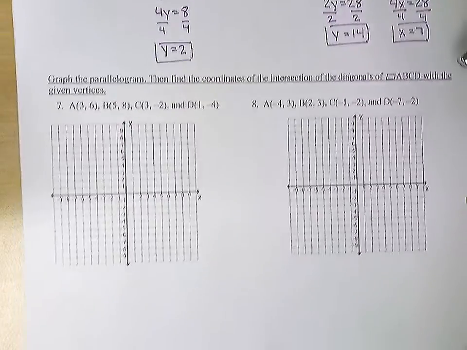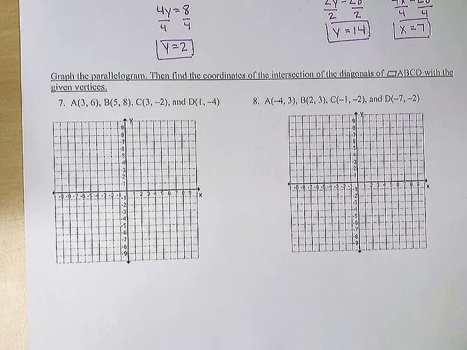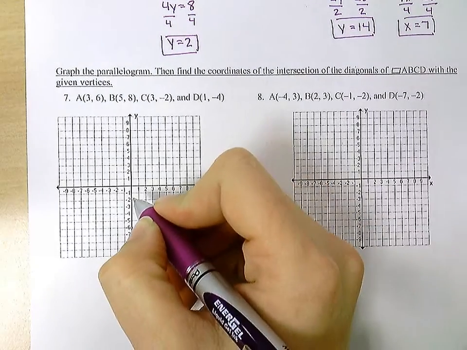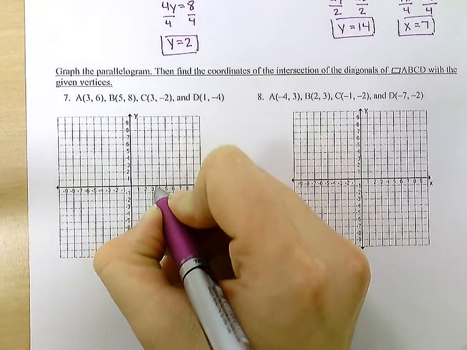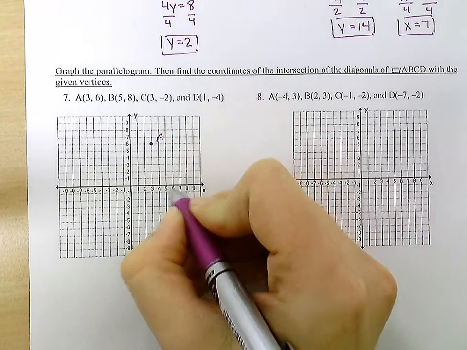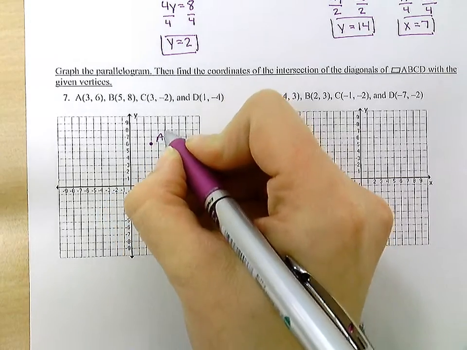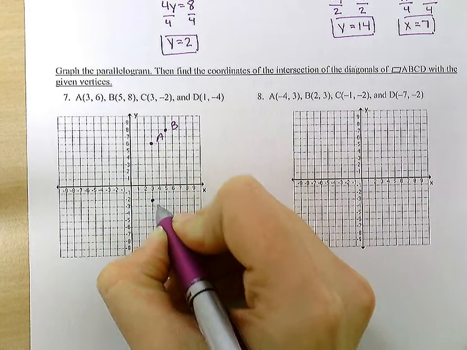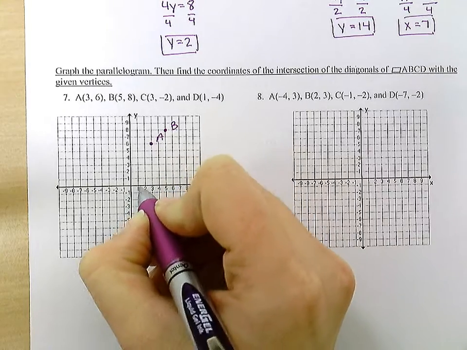All right, you should have plotted these points for 7 and 8. So number 7, point A is at (3, 6). B is at (5, 8). C is at (3, -2). And D is at (1, -4).